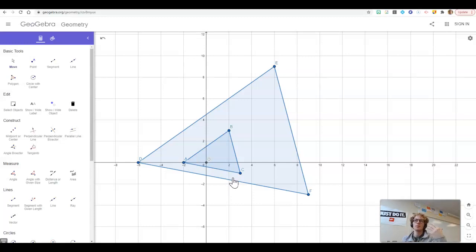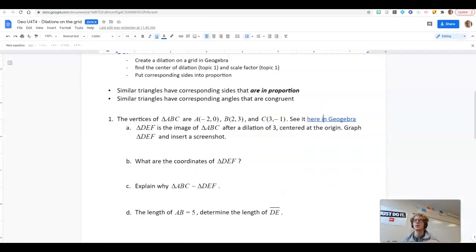Well, you have to understand what similar means. Similar means the same shape but a different size. Okay? Same shape but a different size. And a dilation is a similarity transformation. If you think back to when we did rotations, reflections, translations, those were congruence transformations. Now we are doing similarity transformations.